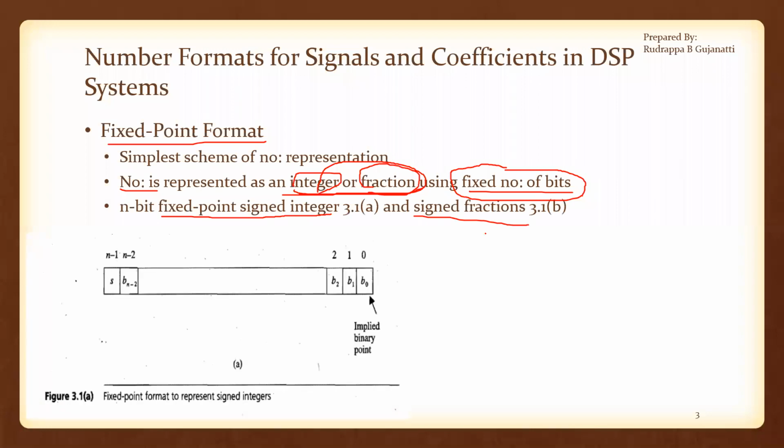So here we can just observe the first case. This is the fixed point format for signed integers. Here you can see that I am having a total of n number of bits in this case. If I start from 0, 1, it is n minus 1, and this position will be n minus 2, and this position will be n minus 1.